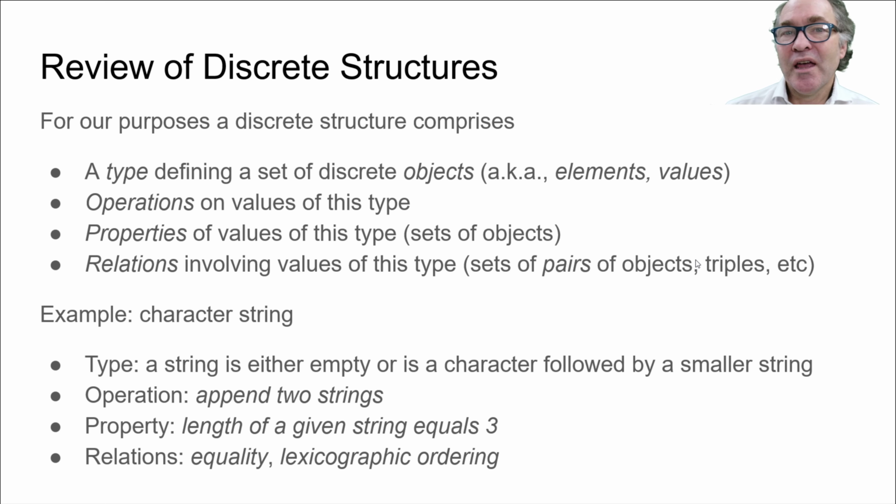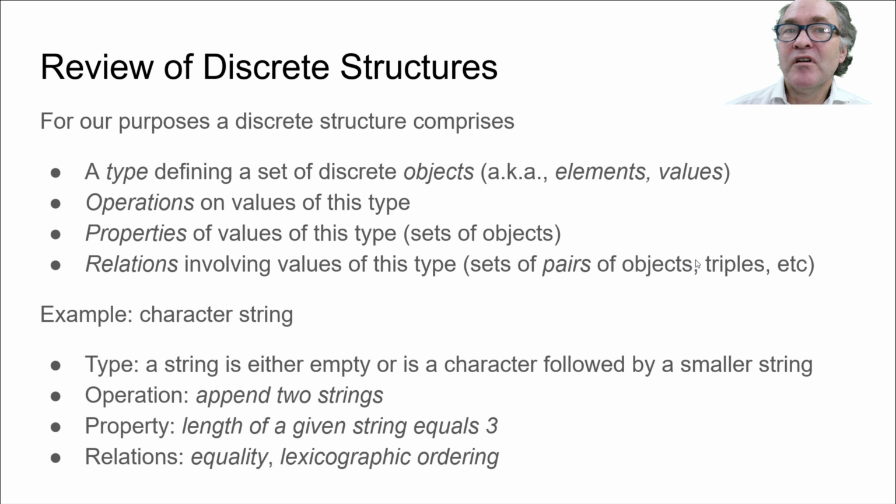So we think of a relation as a set of tuples, pairs being the simplest example, where all and only the tuples in the relation have some particular property. They bear some particular relationship to each other.